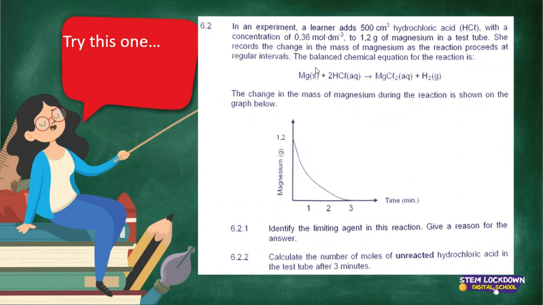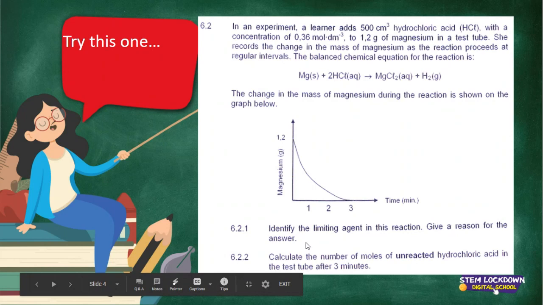The balanced chemical equation for this reaction is given here, and the change in mass of magnesium during the reaction is shown on the graph below. So this is the change in mass of magnesium over time. Now, identify the limiting reagent and give a reason for that.